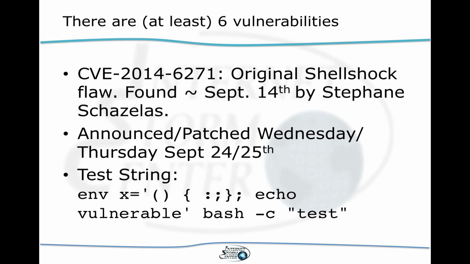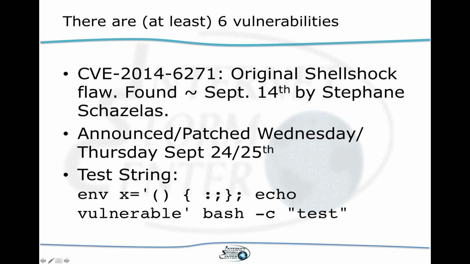The first one was found, of course, in mid September and then released in the middle of last week. A patch, of course, was available pretty quickly back then, and it fixed the original Shellshock vulnerability. The test string I put down here is the string that you probably used in the last few days to test your own systems.